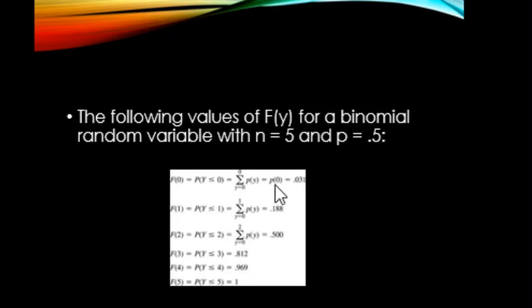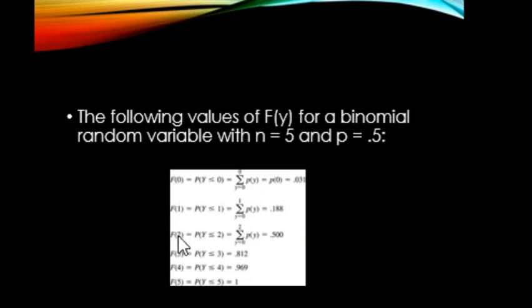So it's just simply probability at 0, which can be calculated as 0.031 for a binomial distribution. F at 1, the CDF at 1, is probability of y less than or equal to 1. So we need to add the probabilities at 0 and 1, which is 0.188.